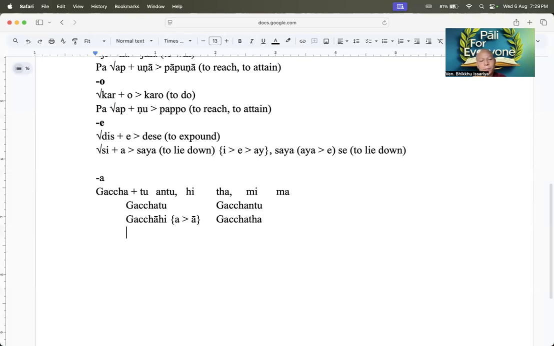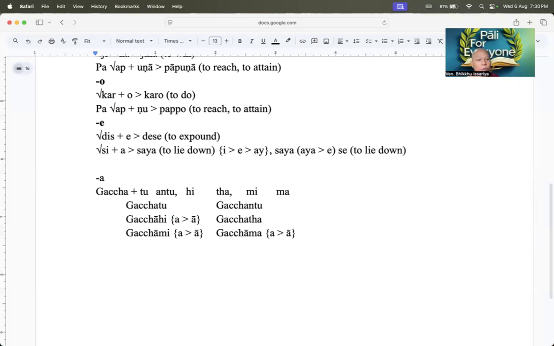And then gachami. Here also, such an R changes, you see. And then gacha ma, here also R changing. Okay, that is the way of forming this part of the imperative.